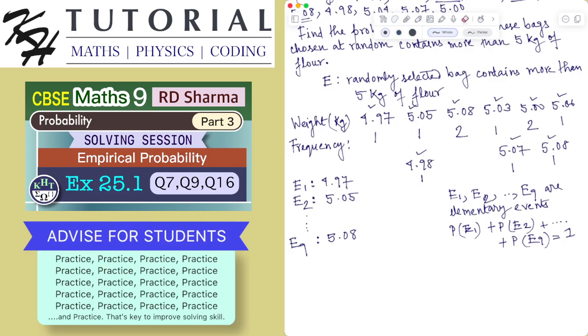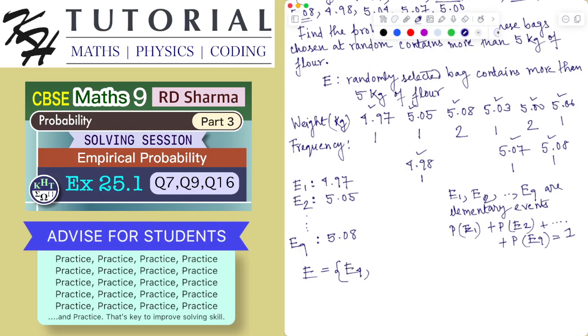This is a compound event. Clearly, we know that a compound event is a collection of elementary events. It has asked for more than 5 kg of flour, so the bag can contain 5.03 kilogram of wheat flour, which is event E4.